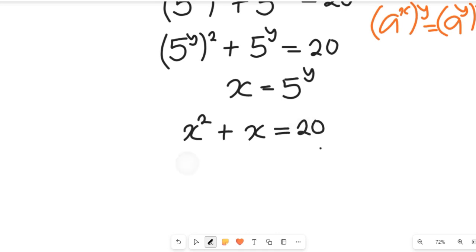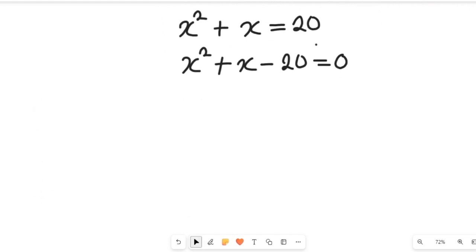If we subtract 20 from both sides, we have x squared plus x minus 20 equals 0. So that is going to give us a quadratic equation.